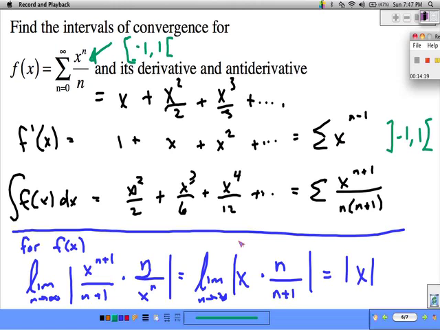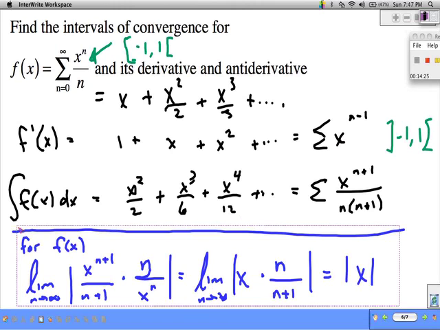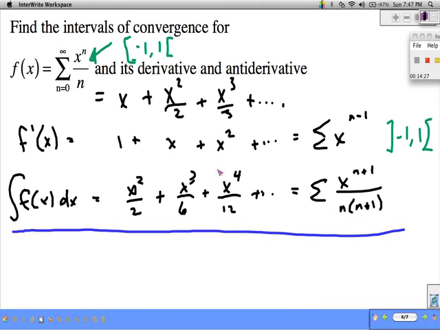And then for the antiderivative, plugging in -1, we have to apply the alternating series test, and this ends up working. It ends up converging for x equals -1.